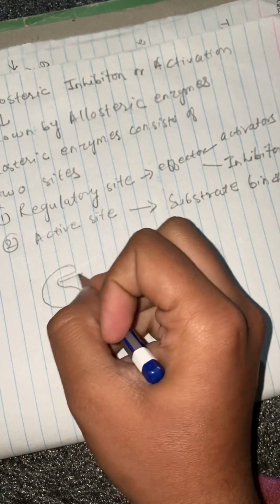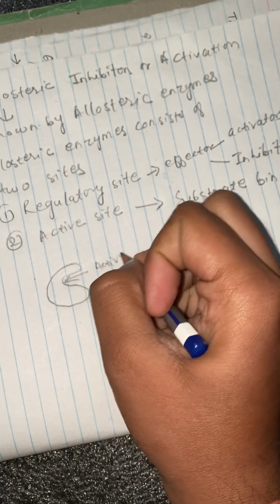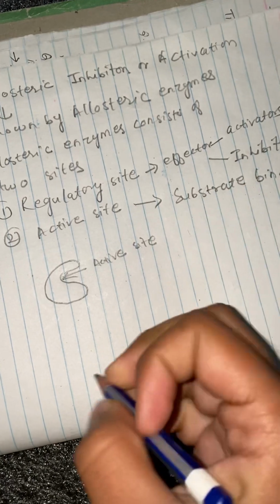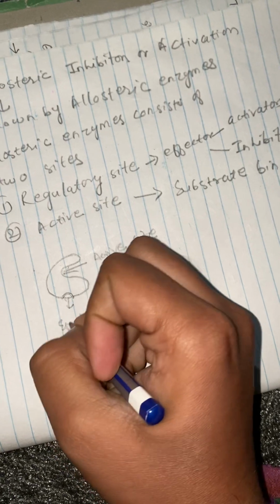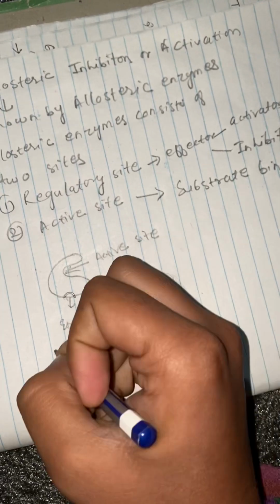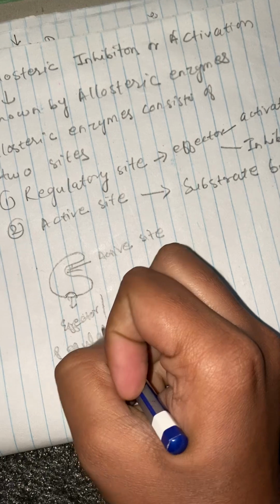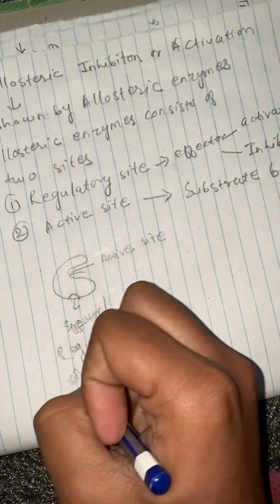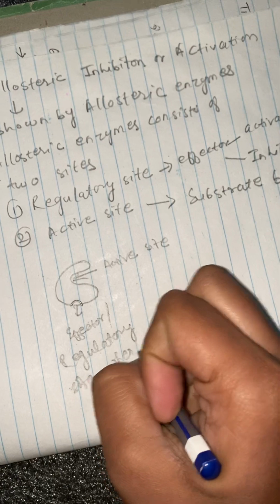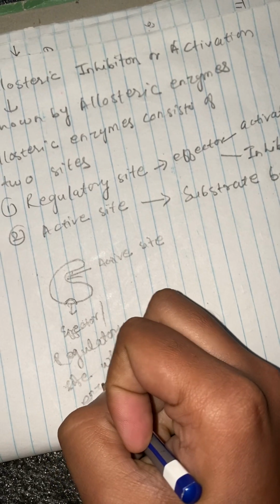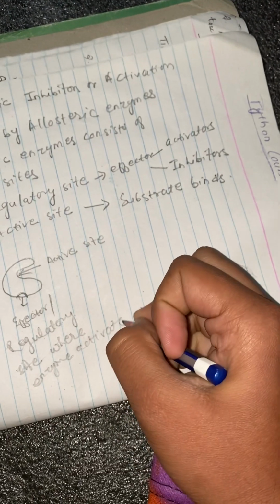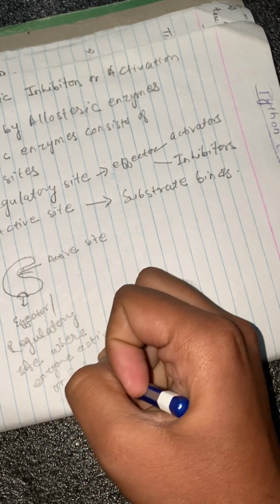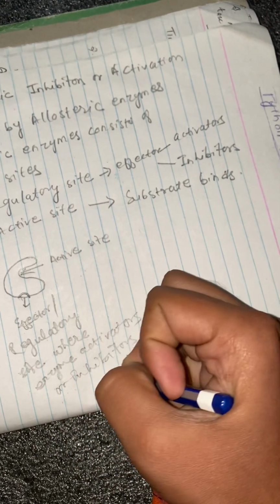In the allosteric enzyme, this is the active site where the substrate will bind, and this is the effector site, or regulatory site, where enzyme activators or inhibitors bind.